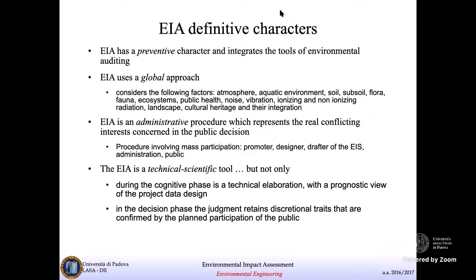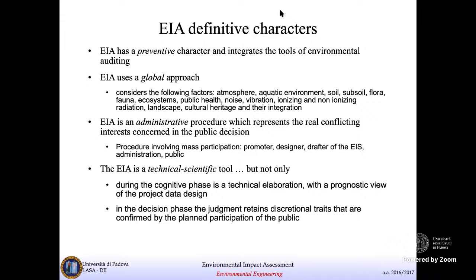As told, environmental impact assessment uses a global approach and considers the following factors: atmosphere, aquatic environment, soil, subsoil, flora, fauna, ecosystem, public health, noise, vibration, and so on, cultural heritage, and their integration. So this is a very anthropogenic perspective, but there is an attempt to include a global approach in this anthropogenic perspective.